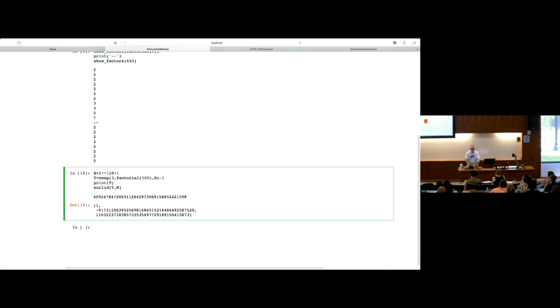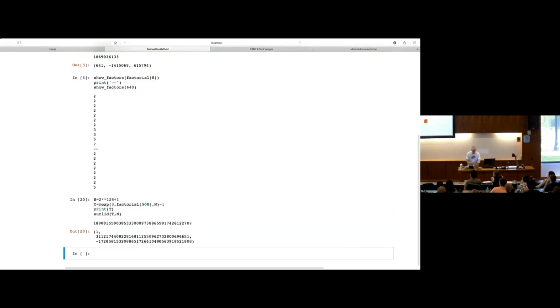Let's try 500 factorial. So what we're guessing here is that if this 2 to the 128th plus 1 has a prime divisor, is it possible that p minus 1 for that divisor has all of its prime divisors less than 500? You might try that. But that doesn't work either.